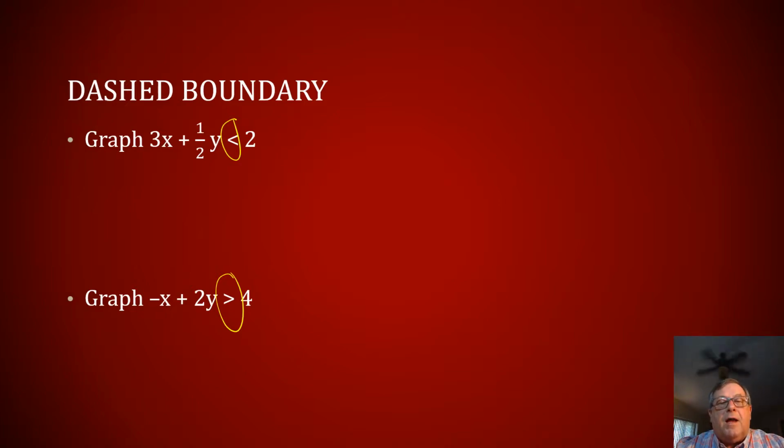So when I've just got a simple less than or greater than, not a less than or equal to, greater than or equal to, we use our boundary, the linear function there, and we're either going to need to use a dashed or a solid line. And in this case, we're using a dashed line.